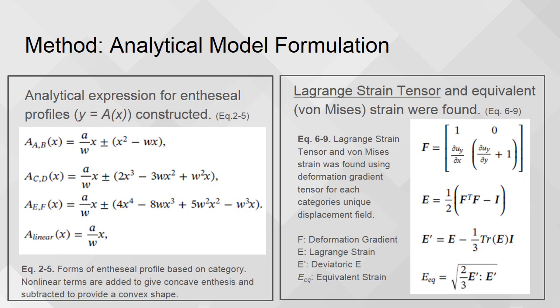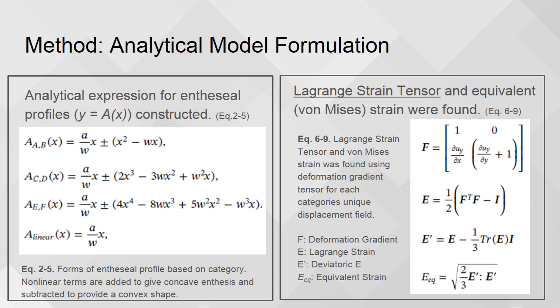On the left side of the slide, you can see the equations that were used to create the A of x parameter. These equations describe the different tide mark profiles as well as the linear line. You should note that equation 2 through 4, or the top 3 equations, describe either the concave or convex profile for each polynomial in figure 1, hence the A through F subscript.